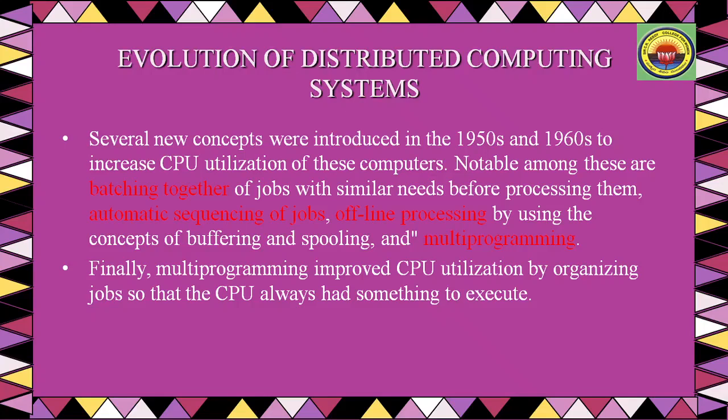And the other one is automatic sequencing of jobs, which takes care of executing the jobs by setting the environment one by one. And offline processing mode, which means that most of the users do not want computation power, they want IO bound processes, meaning input or output bound processes rather than computing processes. So whenever there is a requirement of computing power, only then will we use the CPU time.